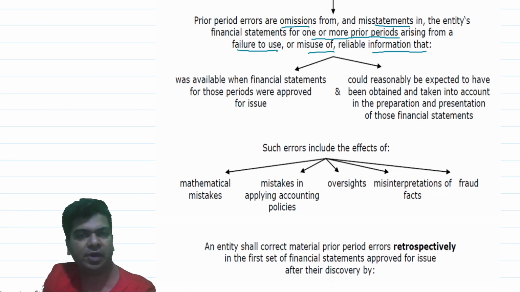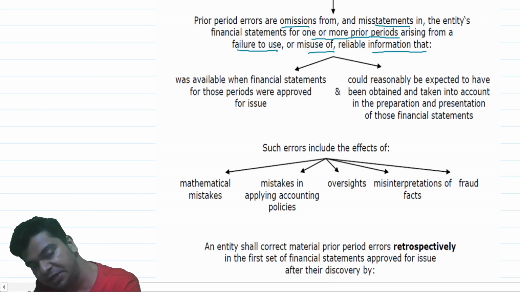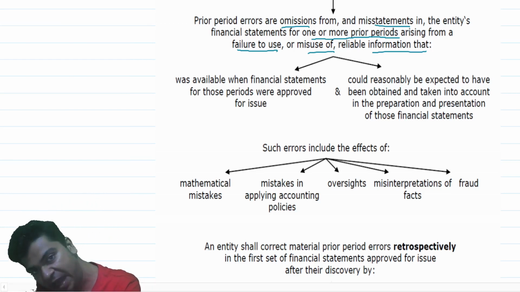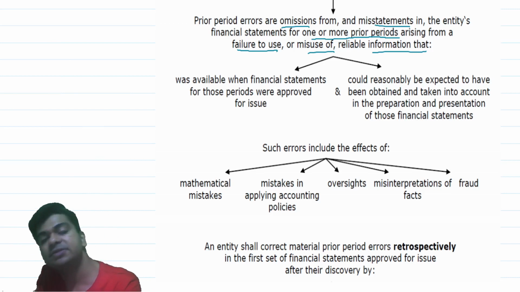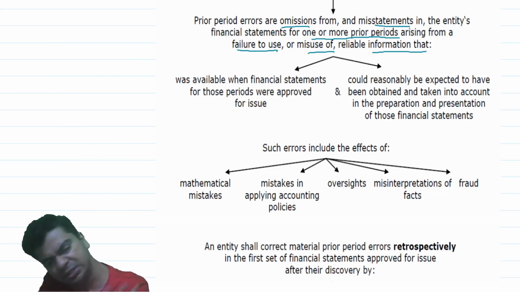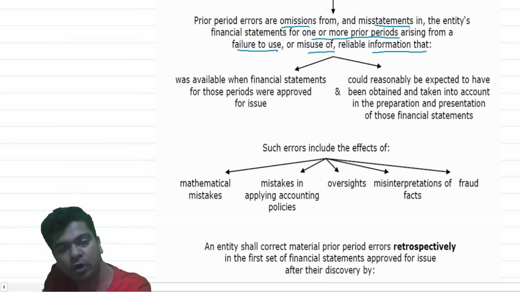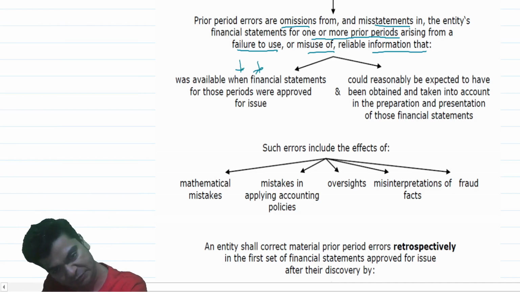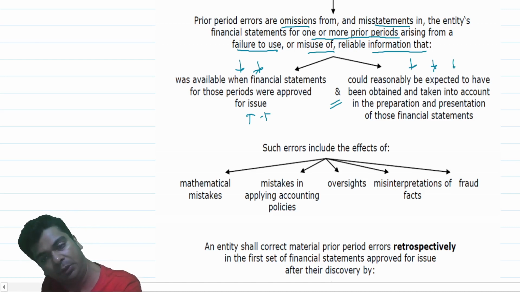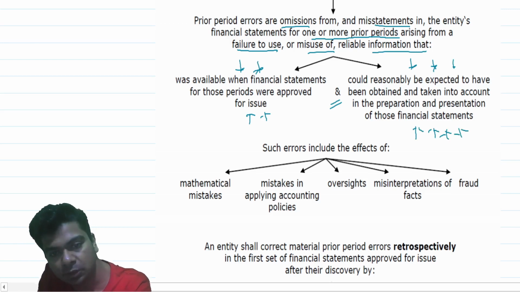Right? There can be different types of prior period errors. I may have committed some mathematical mistake. I may have misinterpreted the facts given to me. I may have made some conceptual errors. I may have not given the necessary disclosures. Many mistakes are possible. They are saying reliable information was available when financial statements for those periods were approved for issue and could reasonably be expected to be obtained and taken into account in the preparation and presentation of those financial statements.